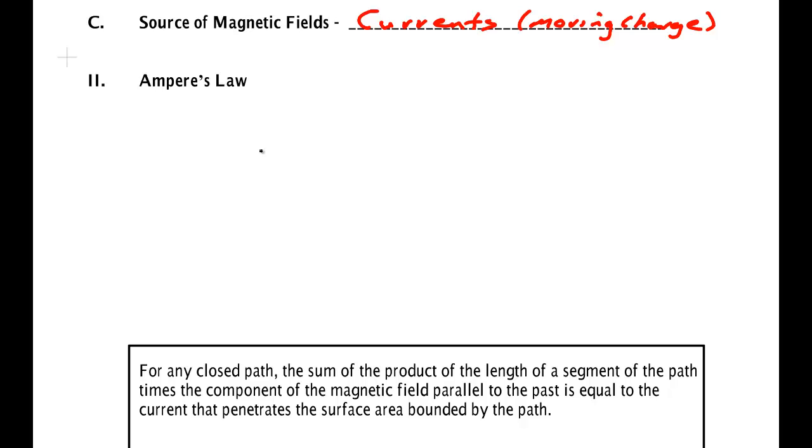Here's what Ampere's law says. Take in space a curve. The curve can be any curve that you want. Let's take a curve like this. And along that curve, at each point, there's some small amount of dl, a small amount of length.